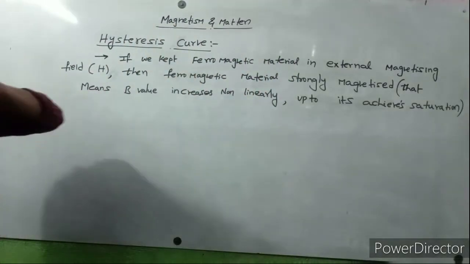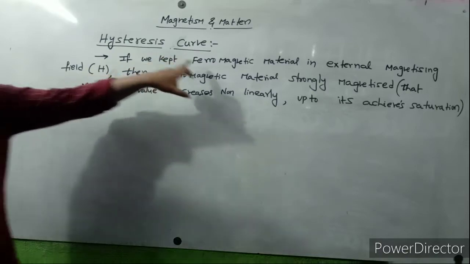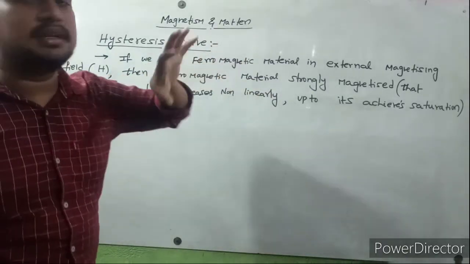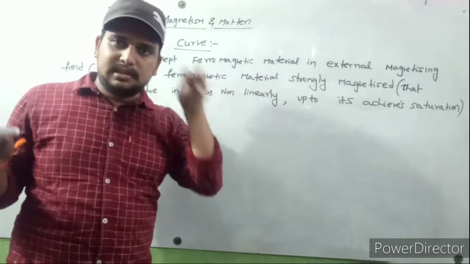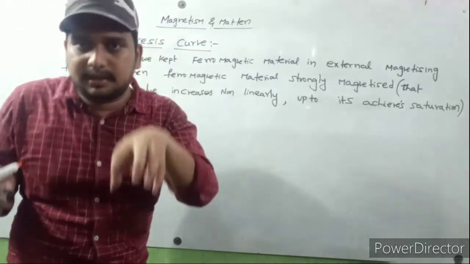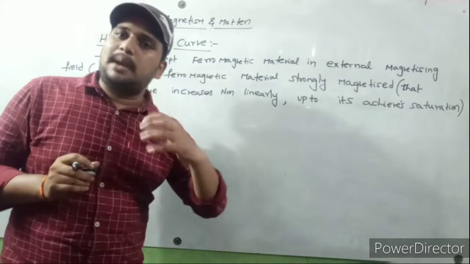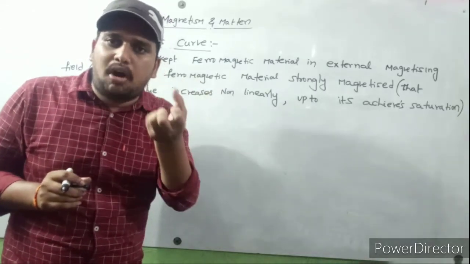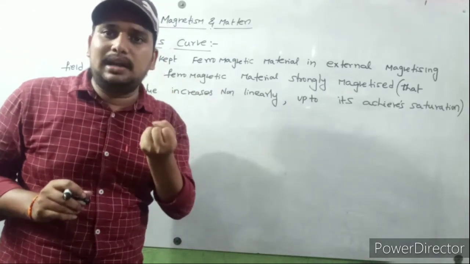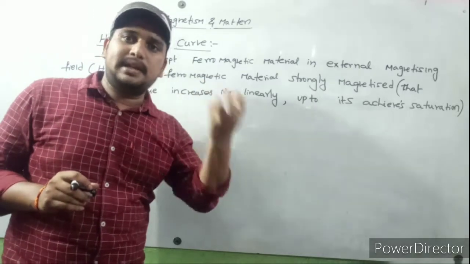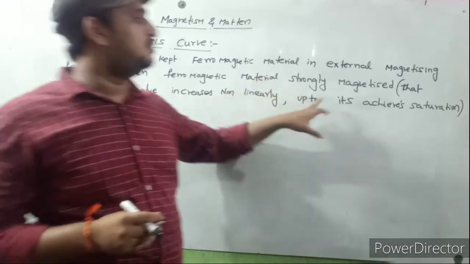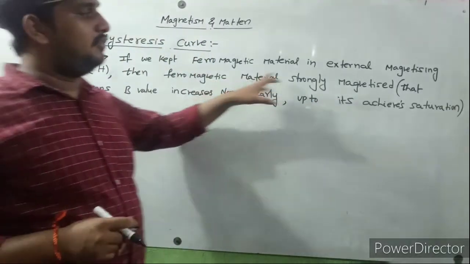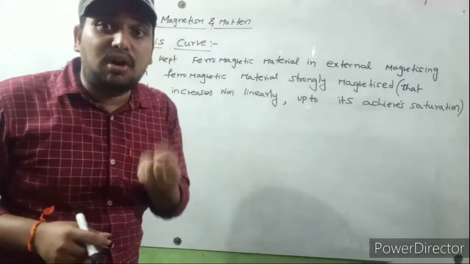Again, I explain, observe carefully. Some magnetizing field is there, and in that we place the ferromagnetic material. It is strongly magnetized. That means the B value increases as the H value increases, because it is strongly magnetized.